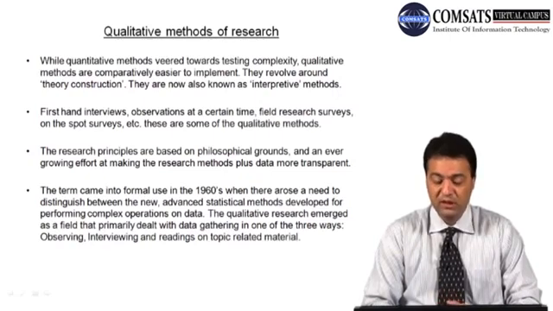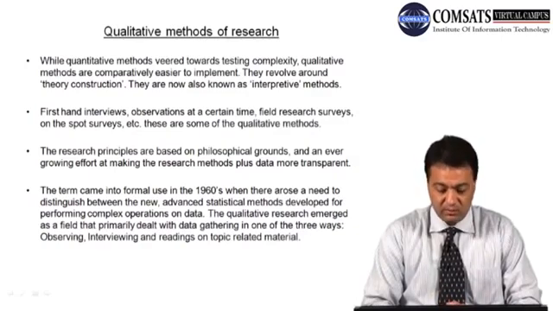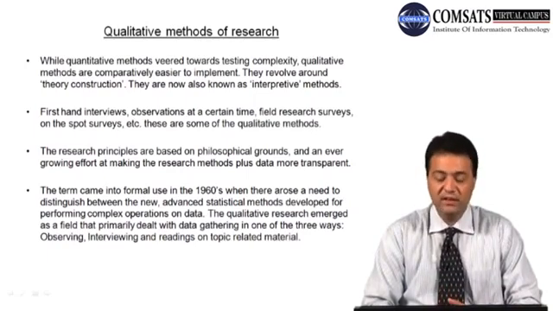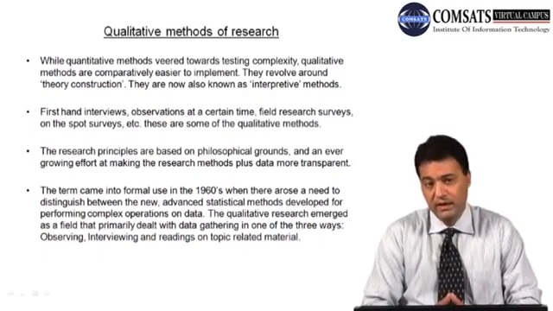The term came into formal use in the 1960s when there arose a need to distinguish between the new, advanced statistical methods developed for performing complex operations on data. Qualitative research emerged as a field that primarily dealt with data gathering in one of three ways: observing, interviewing, and reading topic-related material.